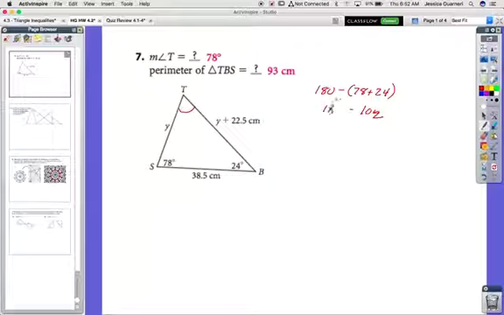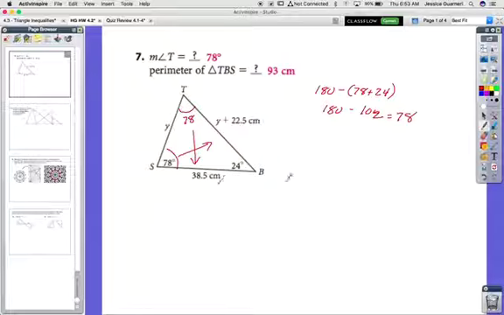Okay, so 180 minus 102 is what gives us 78. Now that I know that this angle is 78, I know that I have an isosceles triangle on my hands. So we can use the conjecture that we learned on Tuesday to say if I have two congruent angles, then I also have two congruent sides.